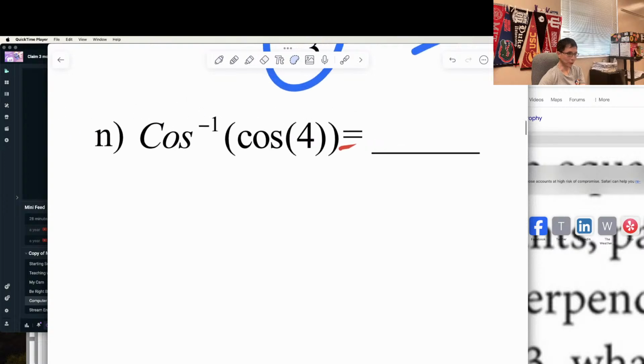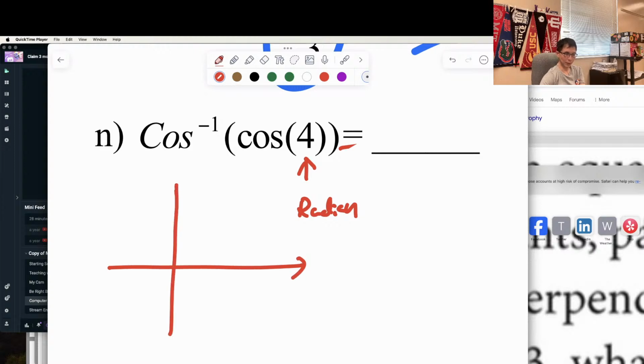Different things. So inverse cosine of cosine of 4. Now, 4 represents a radian. So 4 means, all the way to here is 3.14 radians, right? And 4 must be right here. So remember, I told you how to draw an angle.